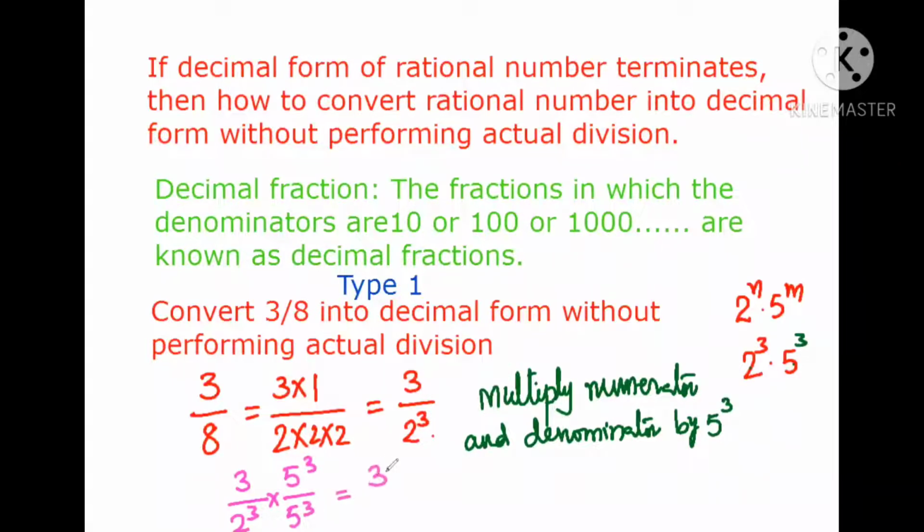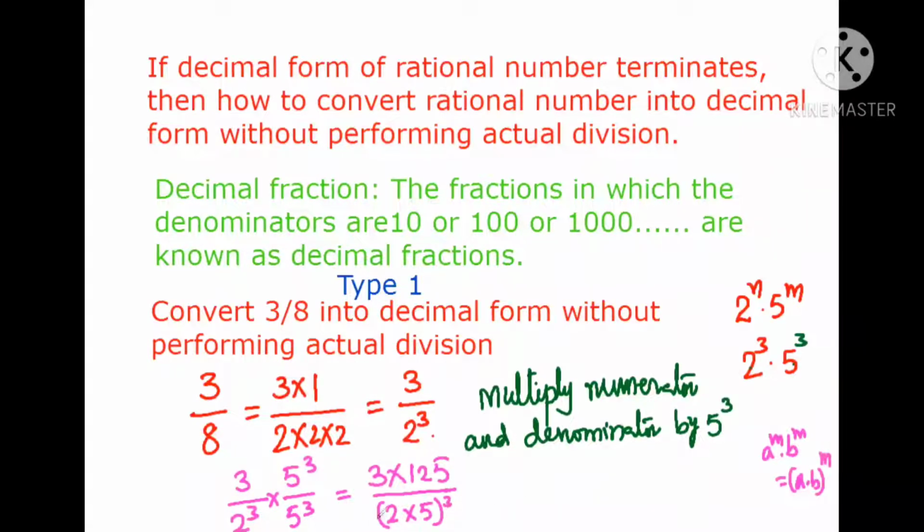Here 3 into 5 power 3 means 5 multiplied 3 times: 5 into 5 into 5 is 125, so 3 into 125 is 375. In the denominator, 2 power 3 into 5 power 3 can be written as 2 into 5 whole power 3. What is the law of indices? a power m into b power m can be written as a into b whole to the power of m.